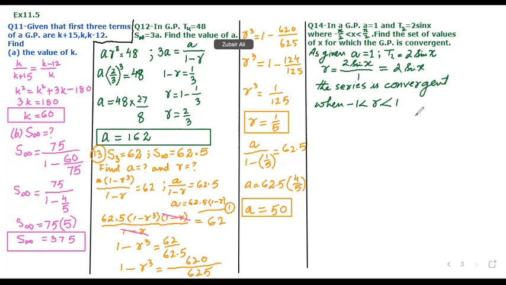So if we do r, which is 2 sin x, greater than minus 1, so sin x will be greater than minus 1 upon 2 and x will be greater than sine inverse of minus half, which will be coming as minus pi by 6.